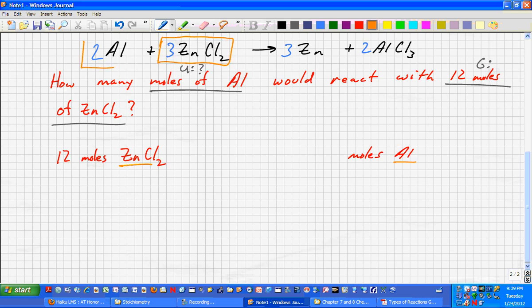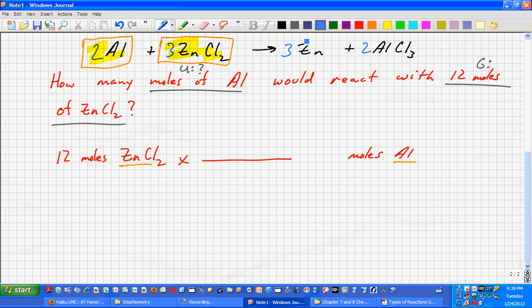There's my zinc chloride. Put a little box around my aluminum. And I'm ready to go ahead and create my molar ratio. Moles of zinc chloride to moles of aluminum, or moles of aluminum to moles of zinc chloride. According to my balanced equation here, it's 2 moles of aluminum for every 3 moles of zinc chloride.